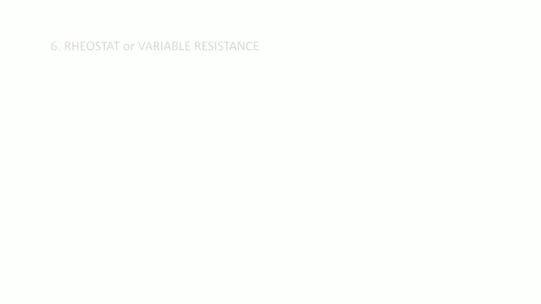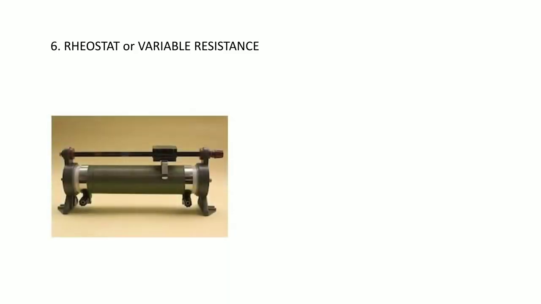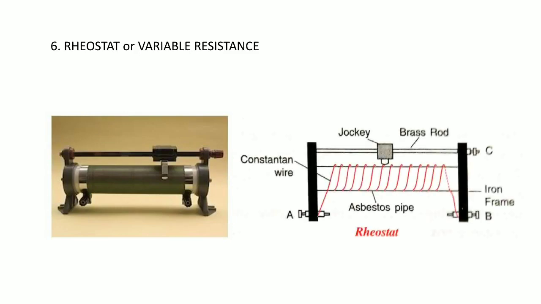Next we have a rheostat, also called a variable resistance. This is the picture of a rheostat. Here is a simple diagram of how it works. Let's say that this terminal is connected and there is some wire called constantan wire.